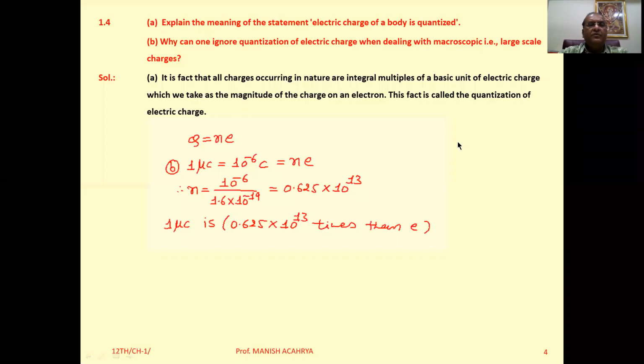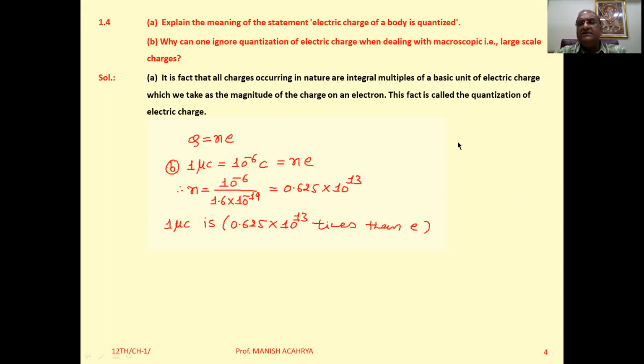Example 1.4. A. Explain the meaning of the statement electric charge of the body is quantized. It implies that in nature, the charge available, that is always in the integer multiple of some fundamental charge. And experimentally, we can observe this thing.